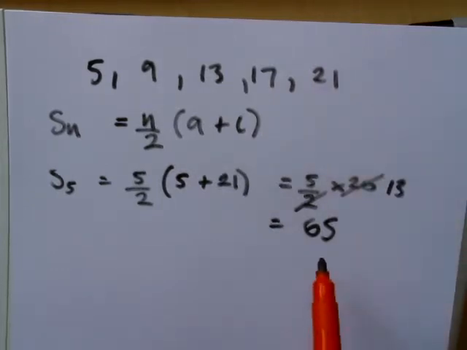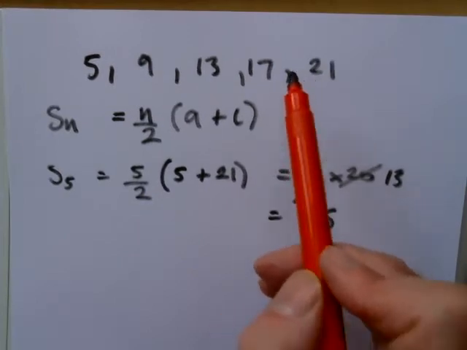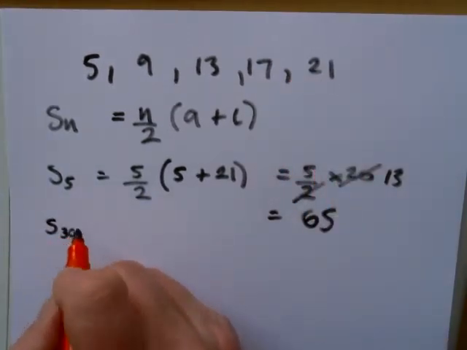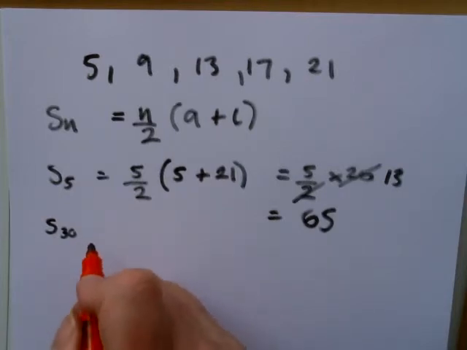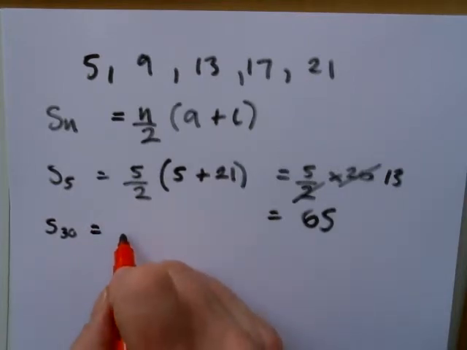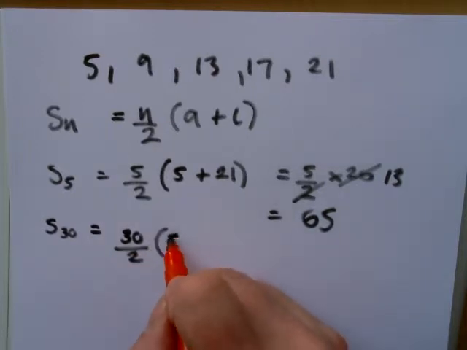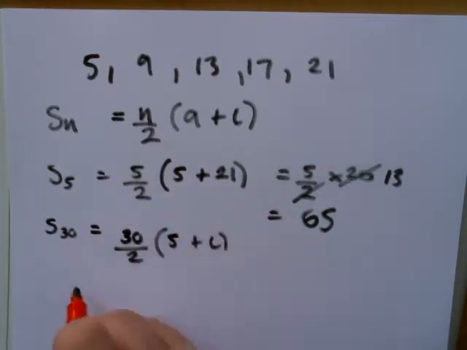So although you might think, well, I could have added those 5 numbers up quite easily, what if I said to you, what's the sum of 30 terms? We could have done that like this. We could say, okay, it's 30 over 2, 15, times 5 plus the last term. Now the last term is the nth term.